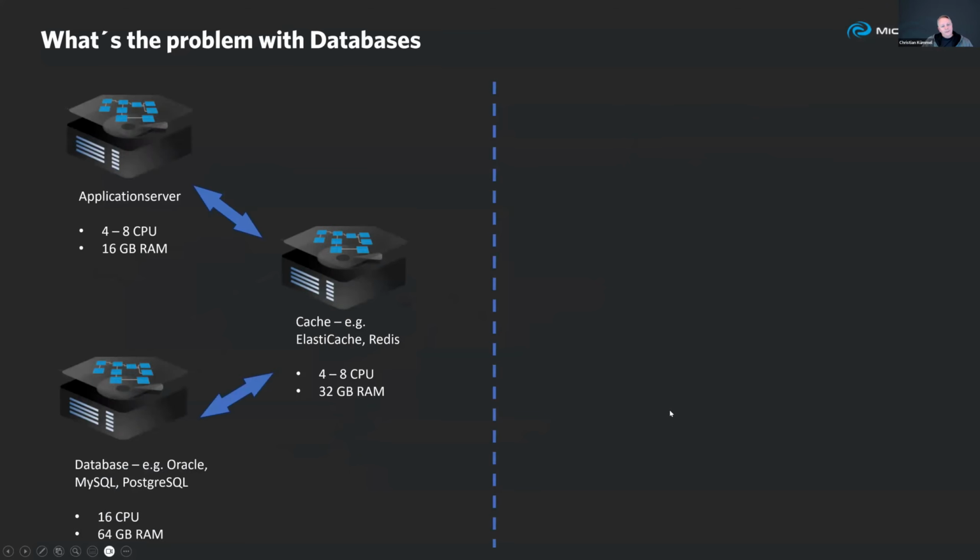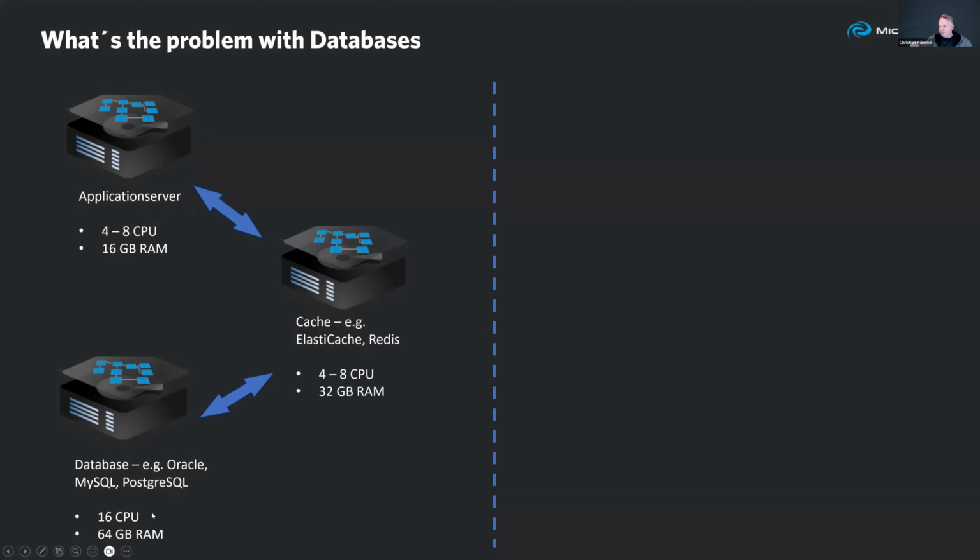Another point is we are all suffering from performance, and you see that on the left side. We have an application server, and let's say we have 4 to 8 CPUs and 16 gigabytes of RAM on the application server side. On the other side, we have a database, an Oracle database, or MySQL or PostgreSQL, with 60 CPUs and 64 gigabytes of RAM.